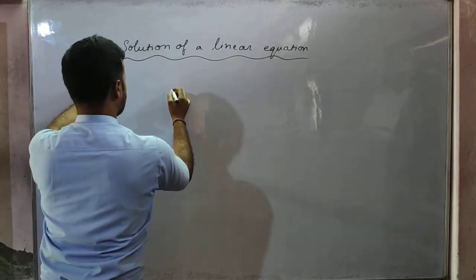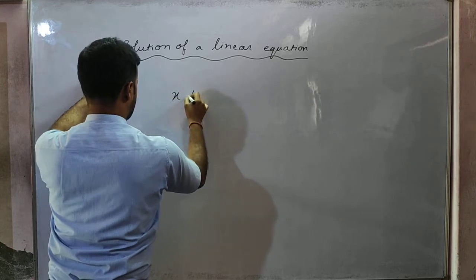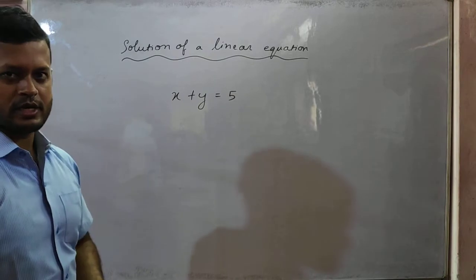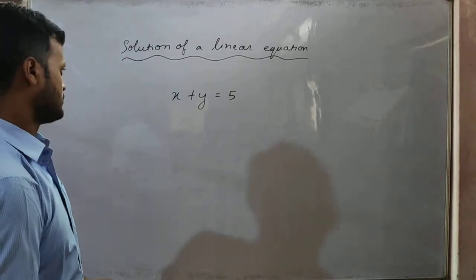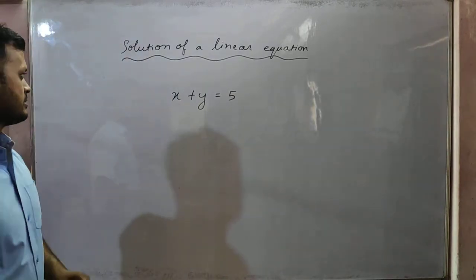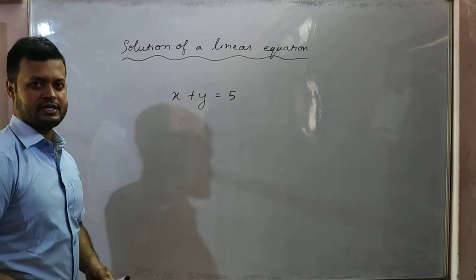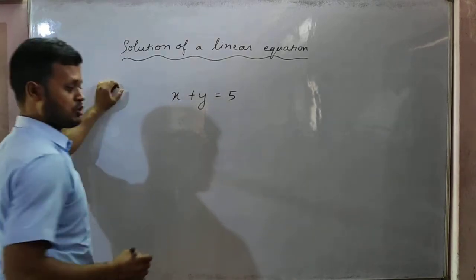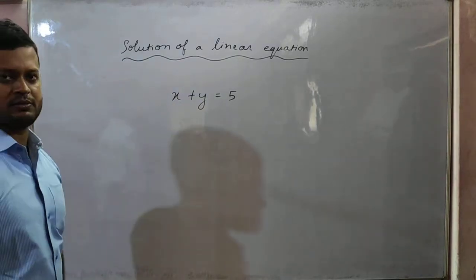So suppose x plus y is equal to 5. Now students, x plus y is equal to 5 is an equation. So for this equation, how many solutions are possible?